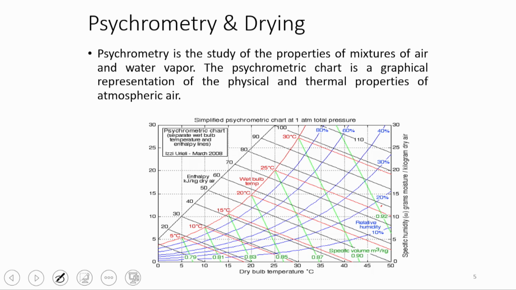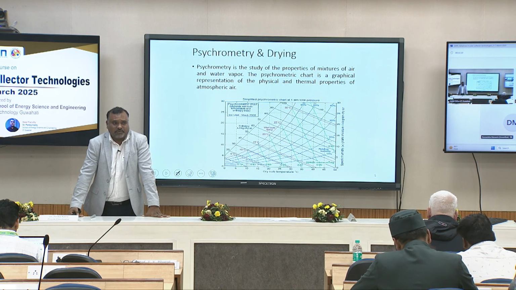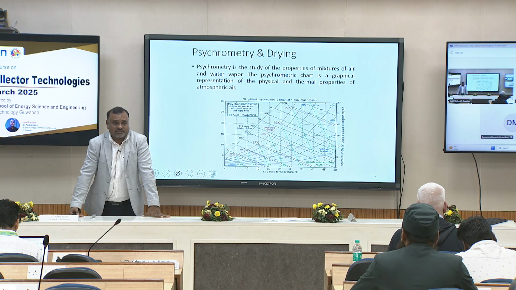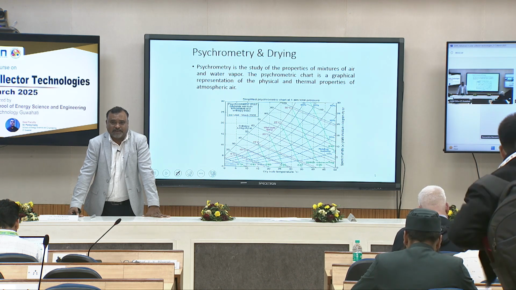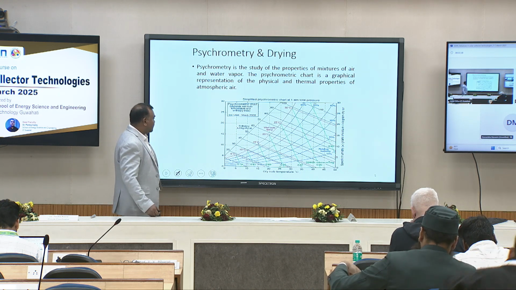So, these charts are used extensively. I think you have used this chart while doing the psychrometric analysis, but this chart can be used in many applications, right. Yesterday we saw one application, and today also we saw one application of using this chart for heat requirement for carrying out a task.